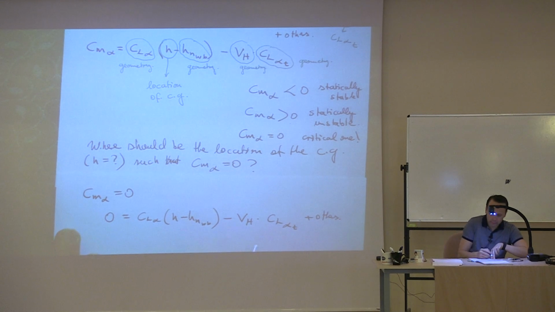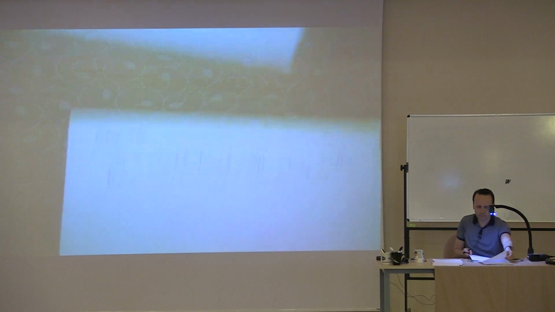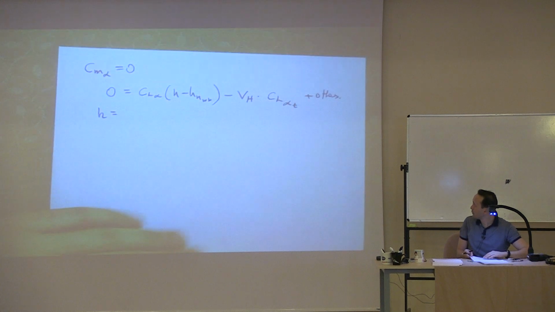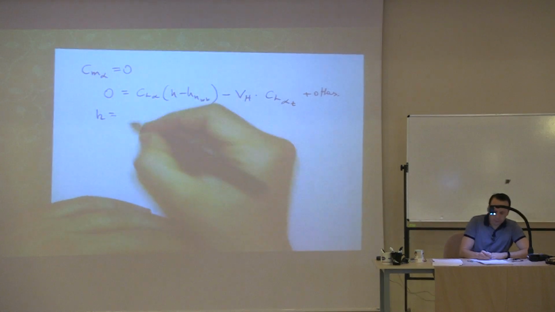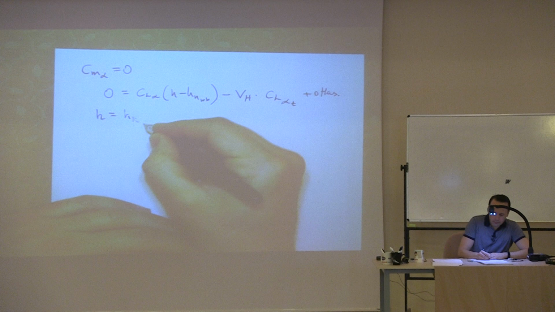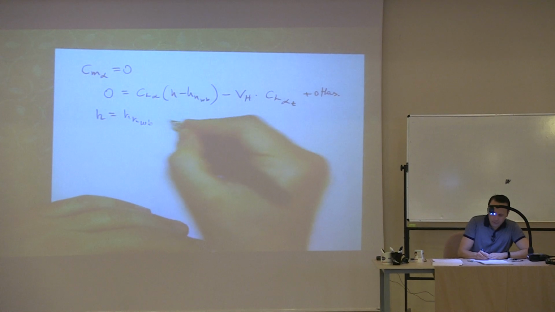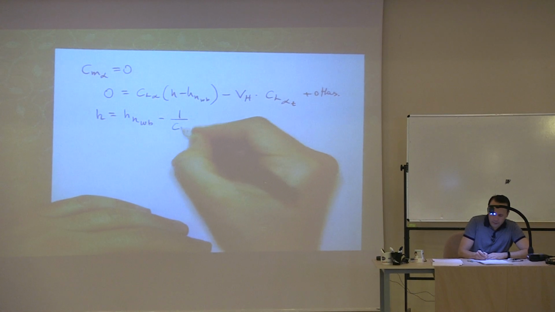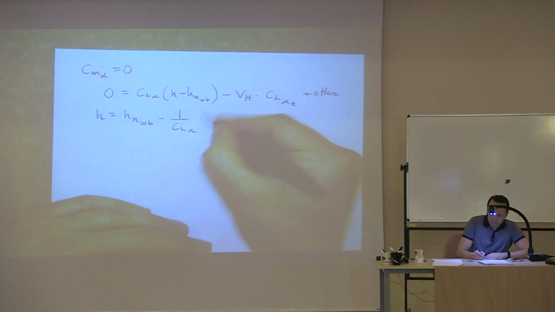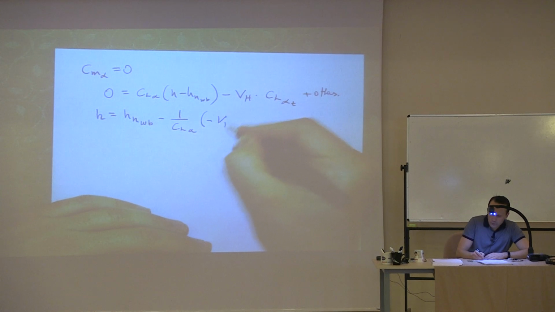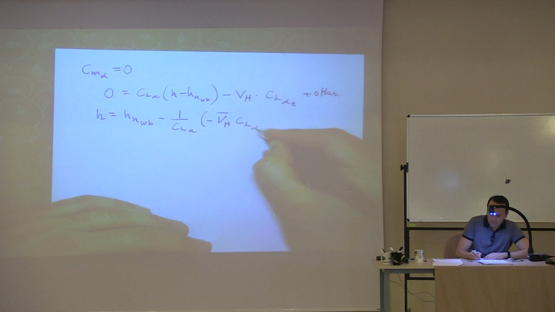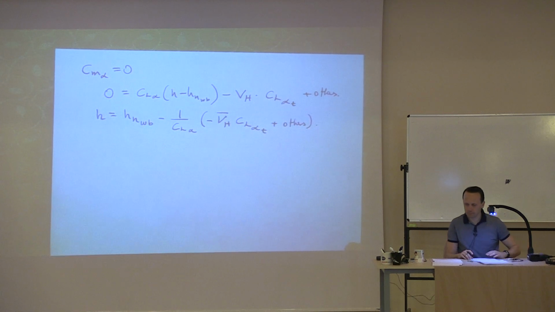I'm going to get h from this equation. So h will be equal to hn of the wing body minus 1 over Cl alpha, times minus VH bar Cl alpha of the tail, plus others.